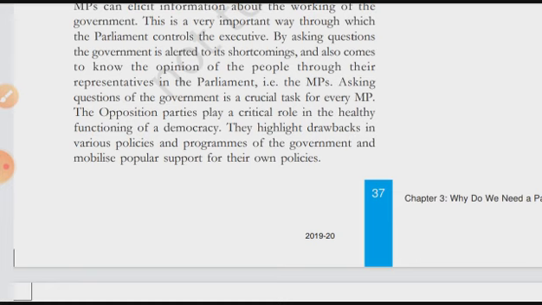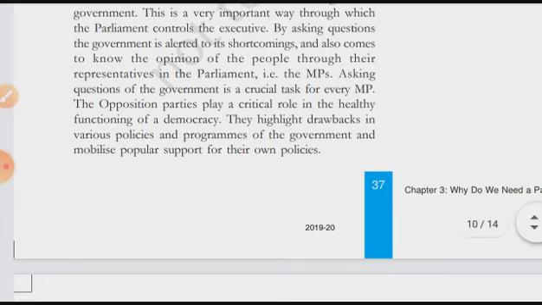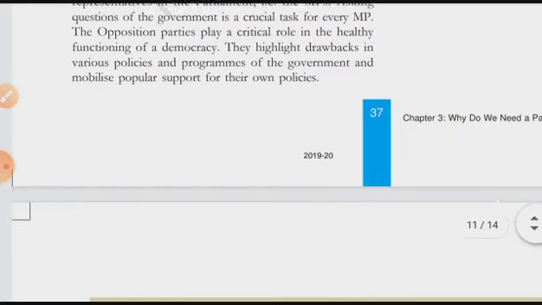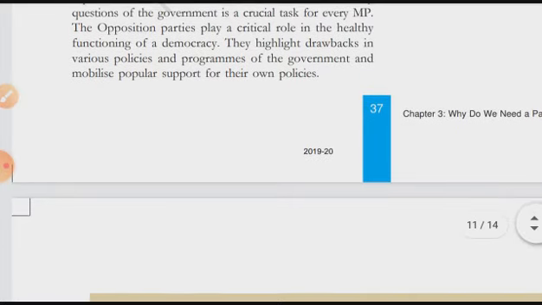They highlight drawbacks in the various policies and programs launched by the government, and mobilize popular support for their own policies. This is the role of the opposition party.